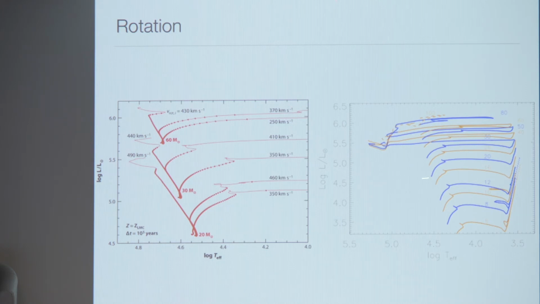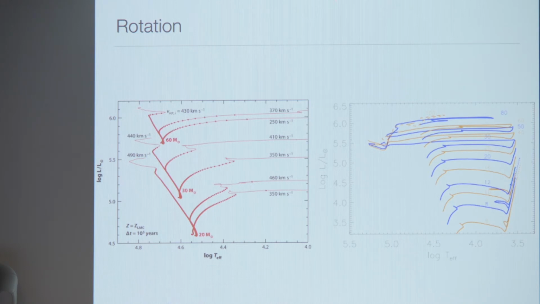And a 20 solar mass star, if there's no rotation, should end its life as a red supergiant. But if it's rotating extremely rapidly, then it can directly go to the Wolf-Rayet star. For example, in this case, it's from here to like 5.5 to 4.8. So it can go somewhere there directly. And if so, the evolution will be like this, and the Wolf-Rayet star can be directly made without any expansion.